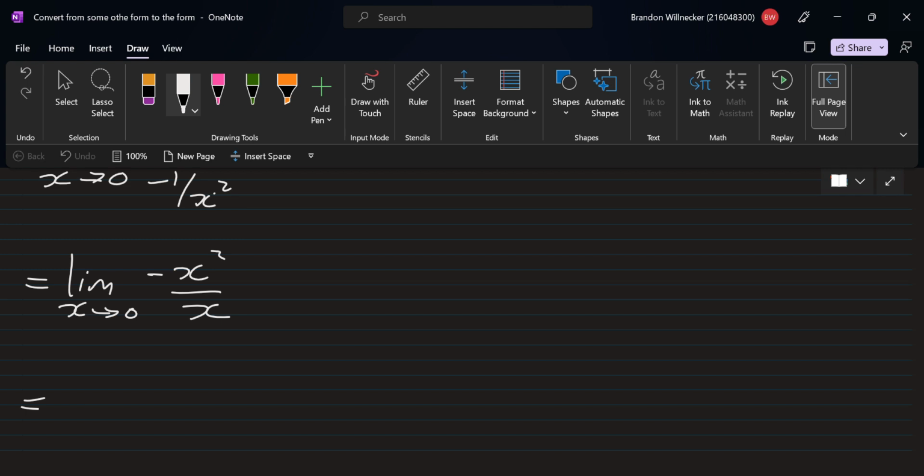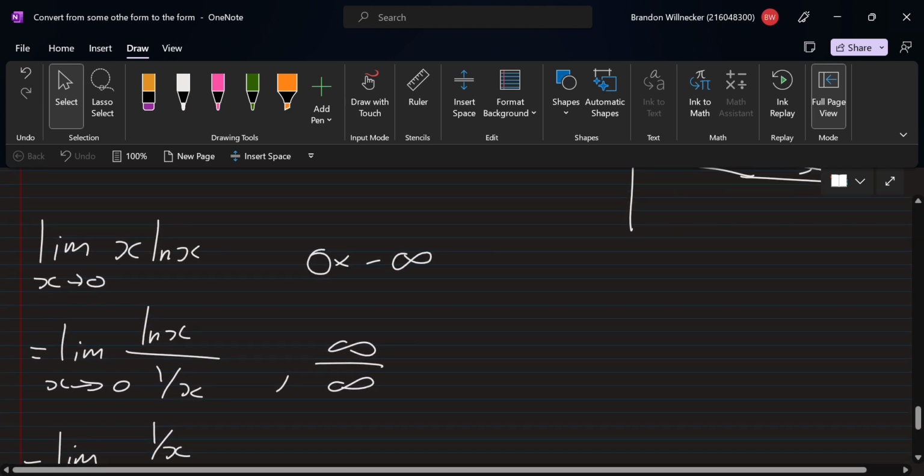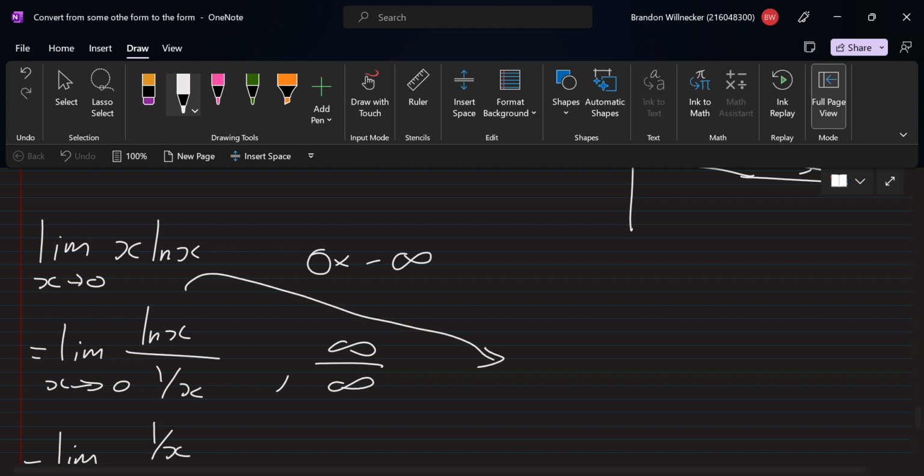Okay, so here you could use L'Hopital's rule, but we know we can simplify this. So we get minus the limit as x approaches 0 of x, but that's just 0. Okay, so again, you could use L'Hopital's rule for that, but that's unnecessary. We could just simplify. Okay, so this is doing it with type infinity over infinity. For homework, please do this as type 0 over 0.